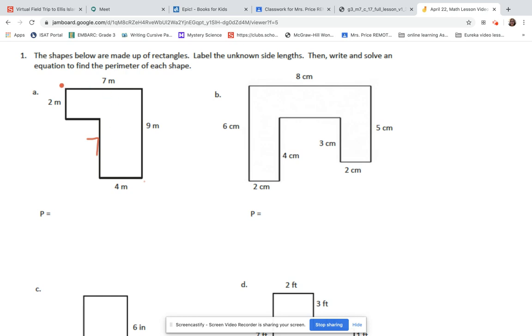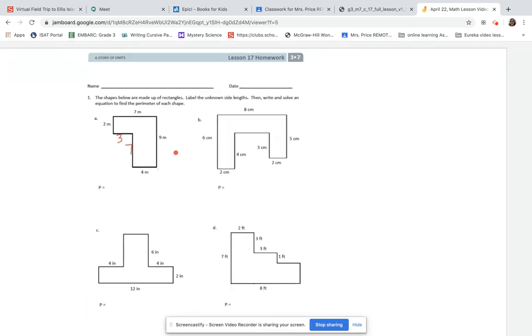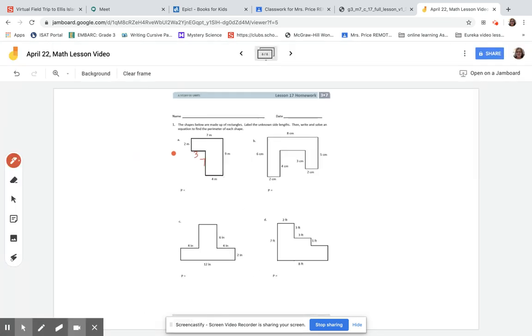Okay? And now we know this one's 7. We've got 4 here. What's 7 take away 4? 3. And that's how you're going to figure out your missing side lengths: take the information that you have and let it help you figure out the information that you're missing.